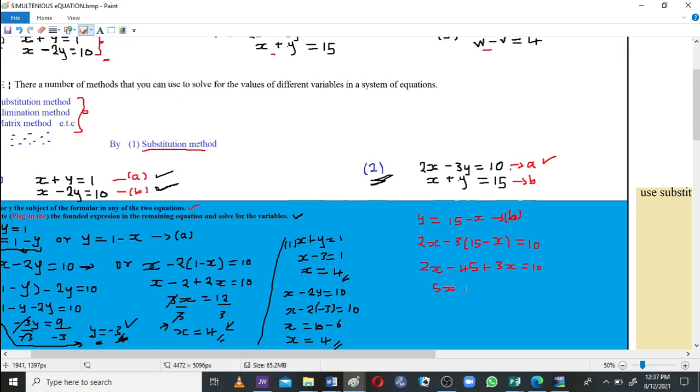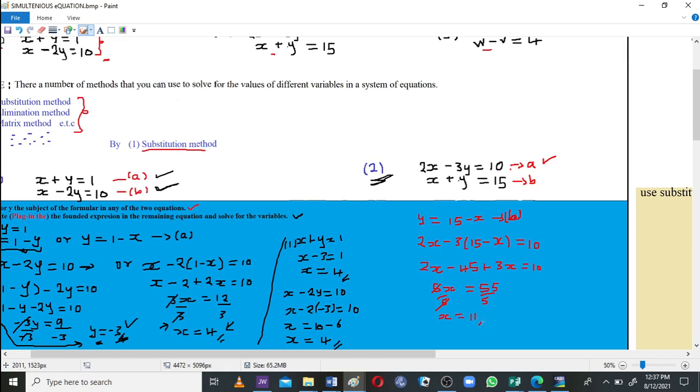Now 45 plus 10 gives you 55 on this side. Dividing both sides by 5, you find your value of x to be 11. So your value of x is 11.